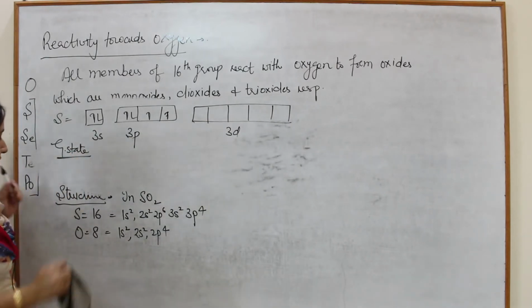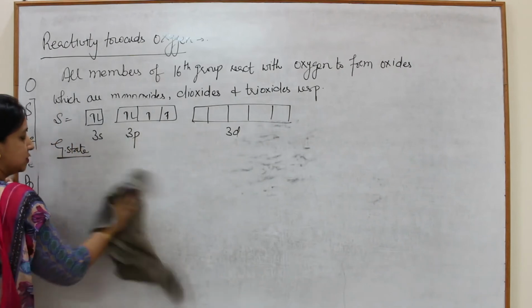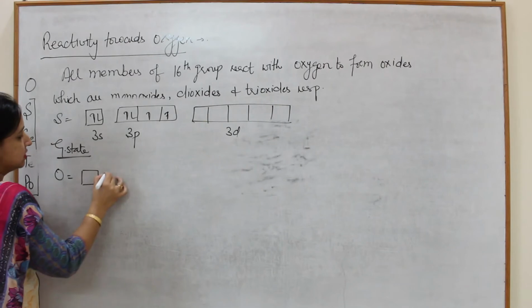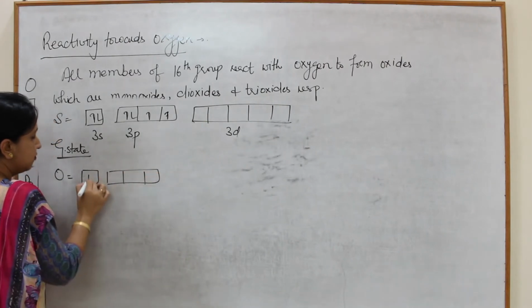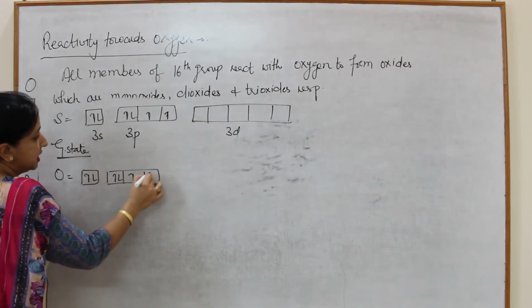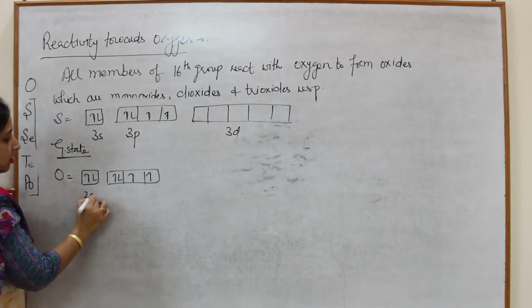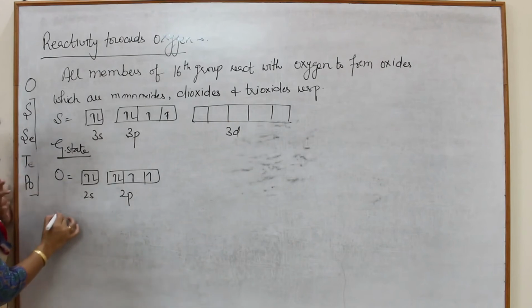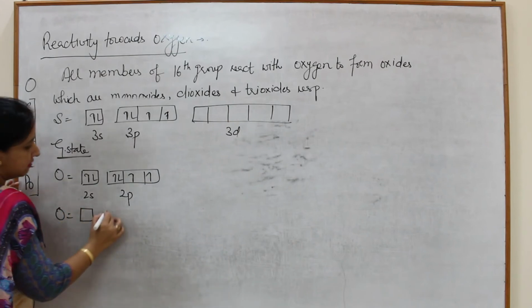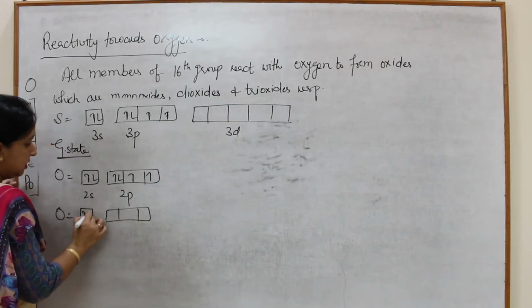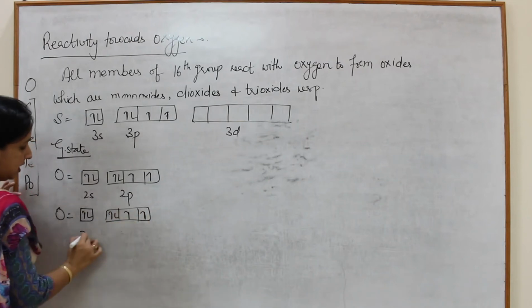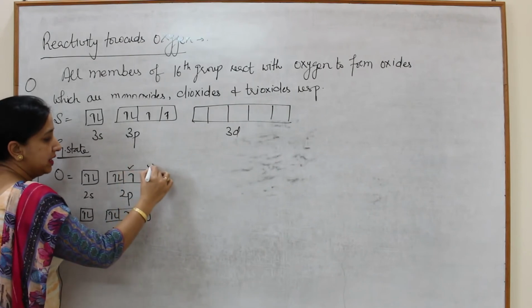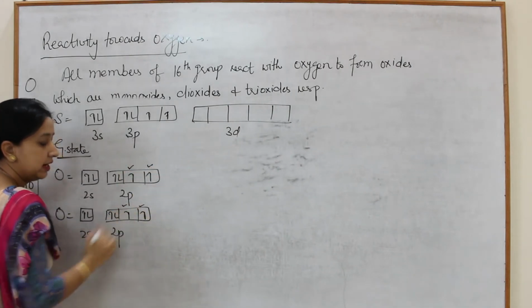And oxygen has configuration 2s2 2p4. But in case of oxygen there are no vacant d orbitals. So this is the first oxygen. Similarly there will be a second oxygen in case of sulfur dioxide. So there are a total of 4 unpaired electrons, 1, 2, 3 and 4.